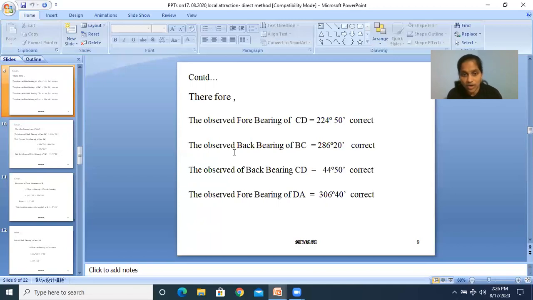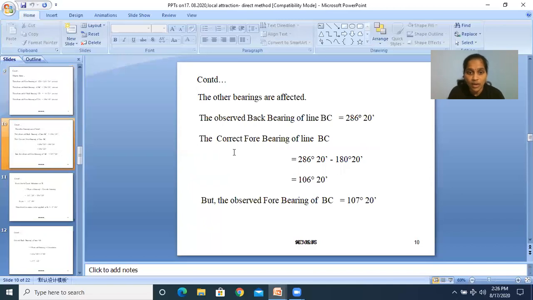So now I'm taking the observed back bearing of BC line. The observed back bearing of BC line, which is observed from the station C, is correct. That is 286 degrees 20 minutes. From that, I am now calculating the forebearing of BC line. From the known you can calculate the unknown and you can apply the corrections.